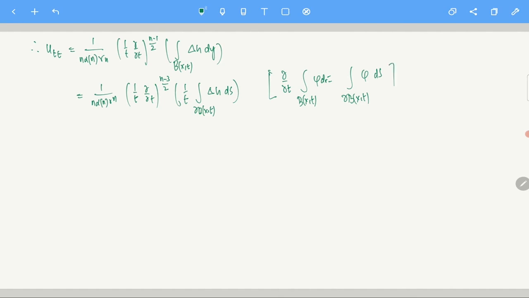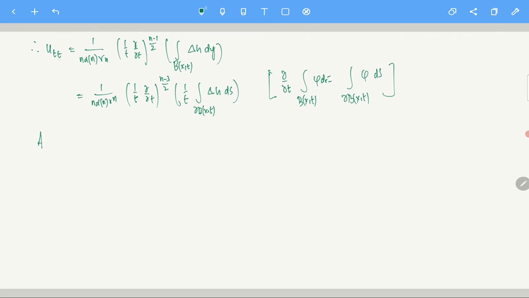We did this formula a few days back also. I'm just using that formula. So 1 by t del t, I'm breaking it up, and one part I'm using: the integral over the boundary is the derivative of the integral over the ball. That is what I'm writing down. Clear? Fine.